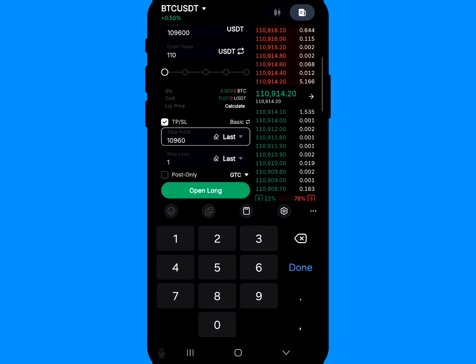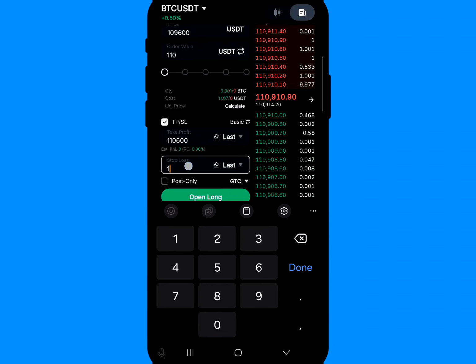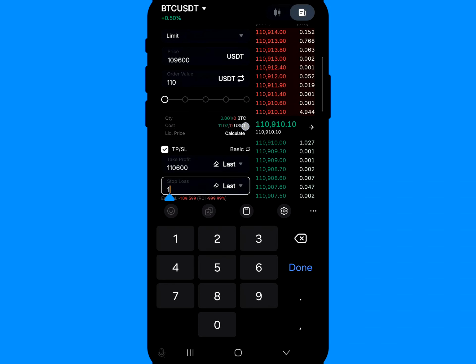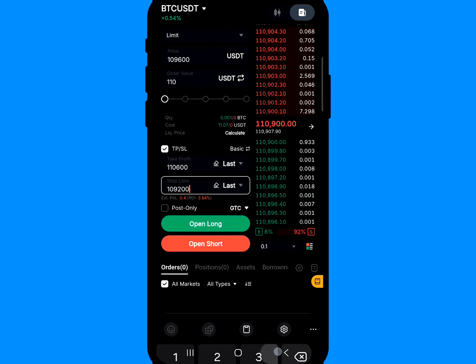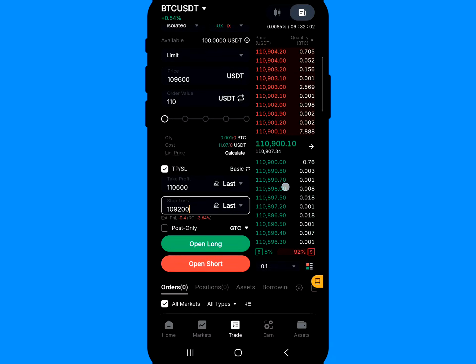Then my stop loss is 109,200. You can see I'll just set everything now.